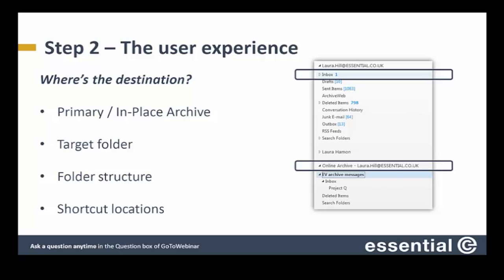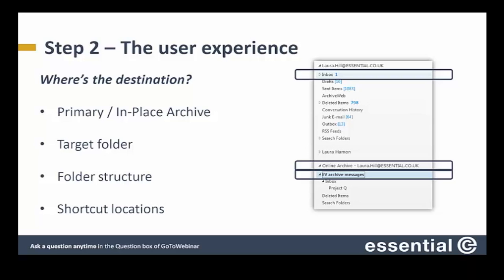Or you might even want a combination of the two, so you might want emails older than, I don't know, 12 months going into the secondary mailbox, newer emails going into the primary. You could also choose to segregate that data that's come from your old archive, keep it very separate and create a separate folder called Old Archive or whatever you wanted to call it. Of course, you could do different things for different user groups. We've got customers who are making arrangements for completely different license plans within 365 for different user groups, so you might need to be flexible around that.